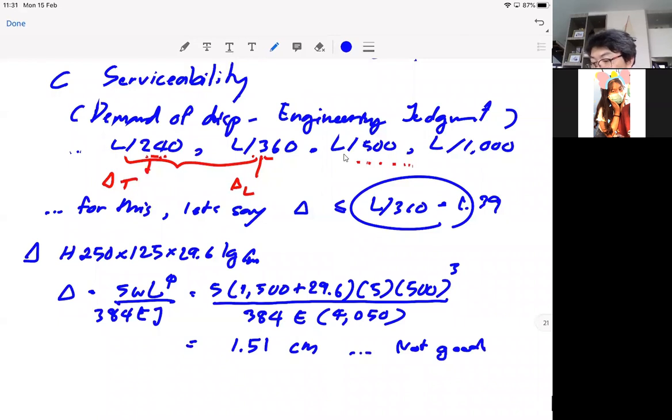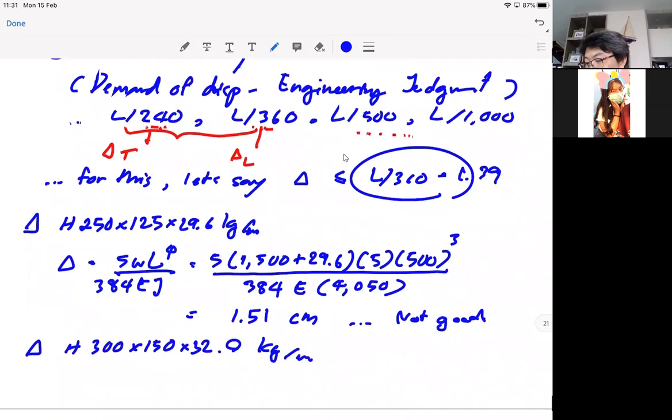Okay, the next one, delta for H300 by 150 by 32 kilogram per meter. I'm not going to show the calculation, but let's say delta is equal to 0.967. So it's not bad, it's okay.